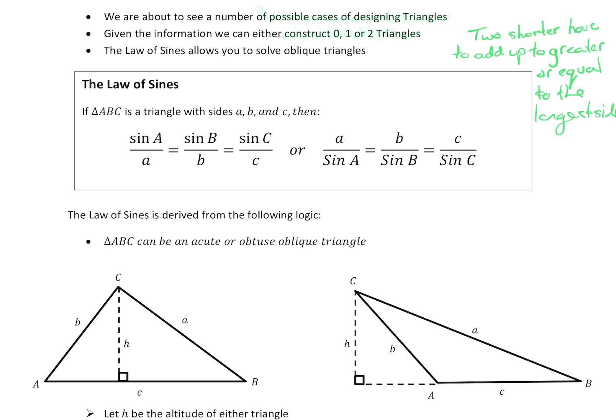Now here is the law of sines, right here. It's a proportion. Sine A over its side is equal to the same amount as sine B over its side, which has to be equal to the same amount of sine C over its side. Now you'll see I have or this. You need to realize that you can flip this ratio equality, right?